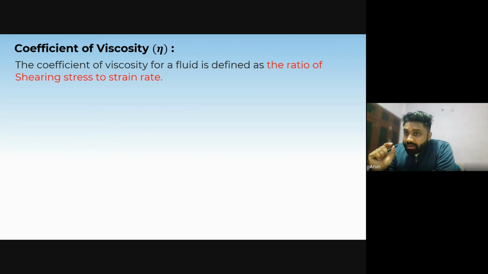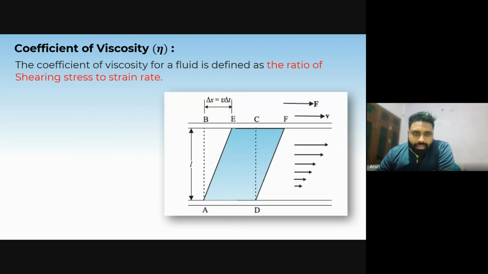It depends on the rate of strain. So that is why for defining the coefficient of viscosity, we take the ratio of shearing stress to the strain rate, not the strain. Okay. So to calculate this, we will consider this situation.